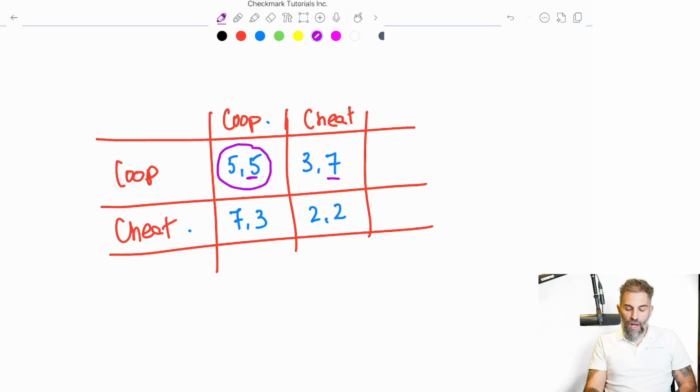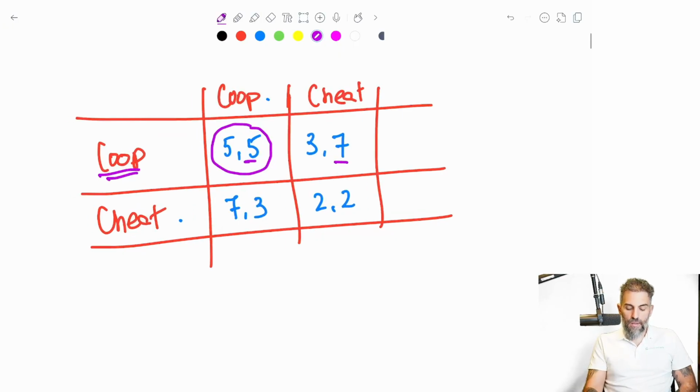Because if you continue cooperating and I decide to cheat, now I increased my profit. So a Nash equilibrium is by definition a situation where neither party can increase their profits by changing their decision only, like a unilateral change in their own decision.